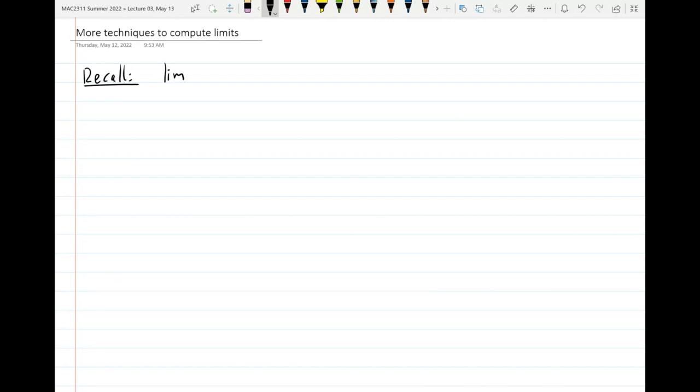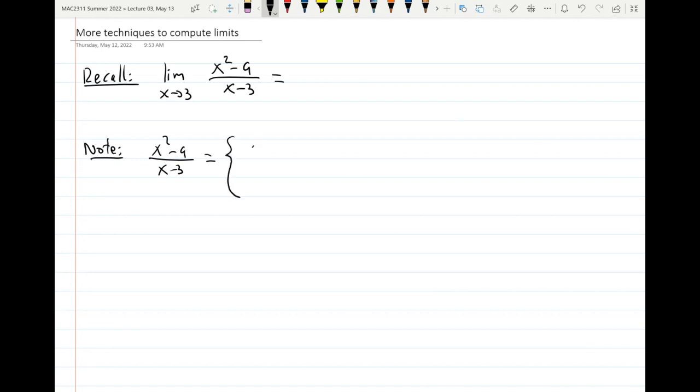So recall, if we wanted to compute the limit as x approaches 3 of x squared minus 9 over x minus 3, the approach that we were able to obtain the answer for sure with was a graphical approach, right? Remember that our observation was that this function, x squared minus 9 over x minus 3, actually is a piecewise function, right?